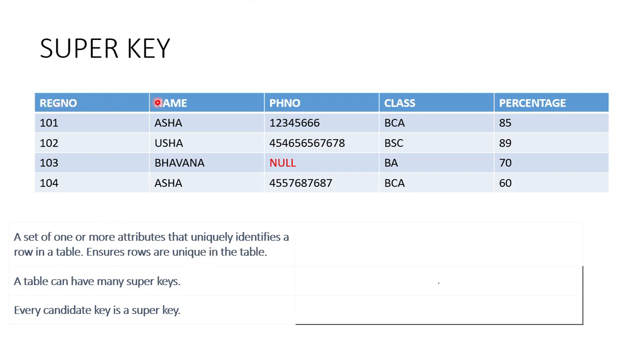All these fields in the table we call attributes, and these are the values that are inside this table. An attribute or a set of attributes which uniquely identifies records, we can call a super key. That means unique, so no values must be repeated. Which of these can be specified as a super key?